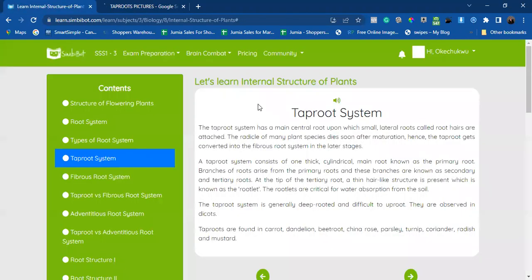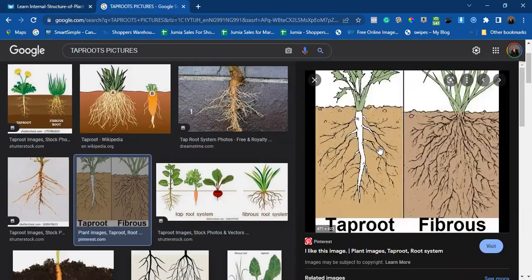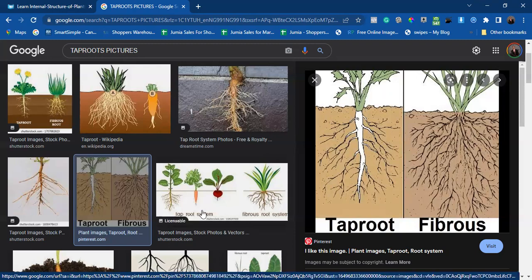They said it is made up of small lateral roots called root hairs. In the taproot, you see small extensions. Those are what we call the root hairs.